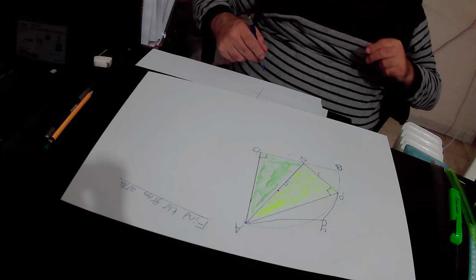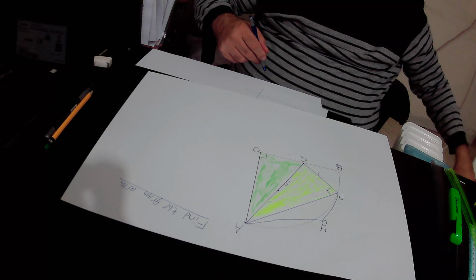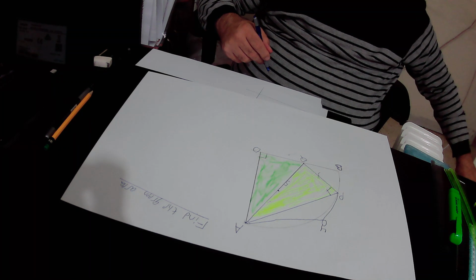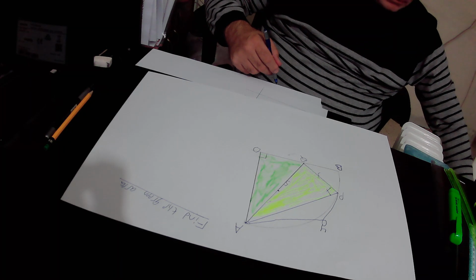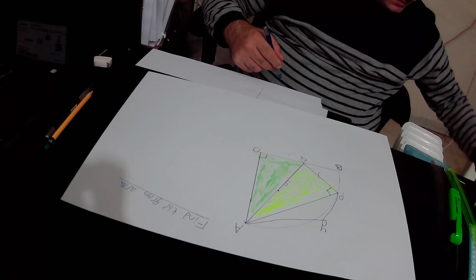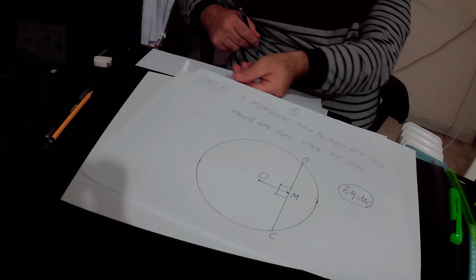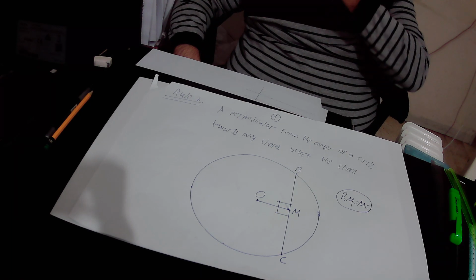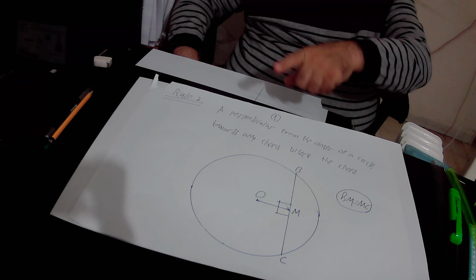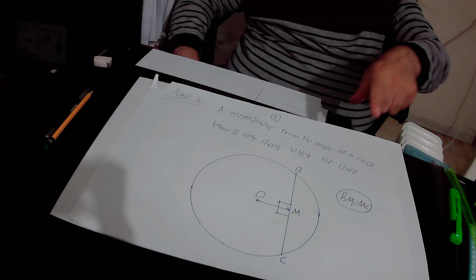we use a new rule, rule number 2, in our drawing. According to rule number 2, a perpendicular from the center of the circle towards any chord bisects the chord.